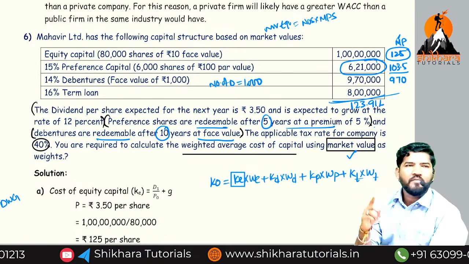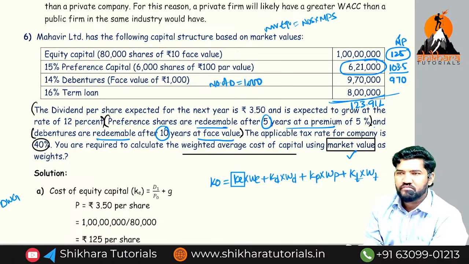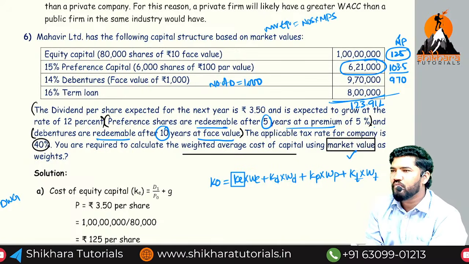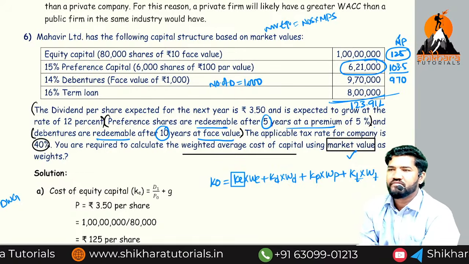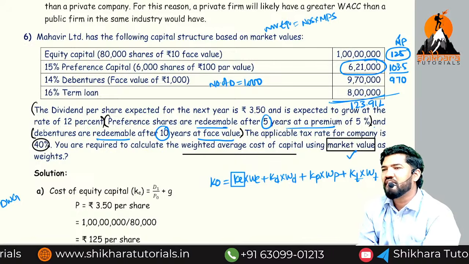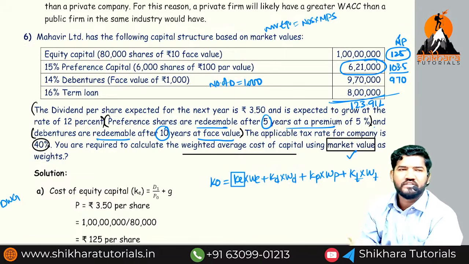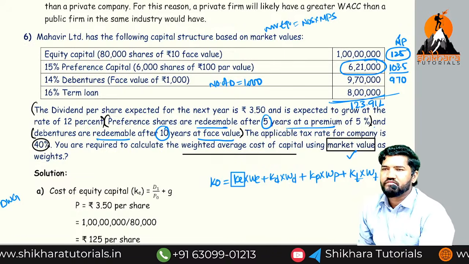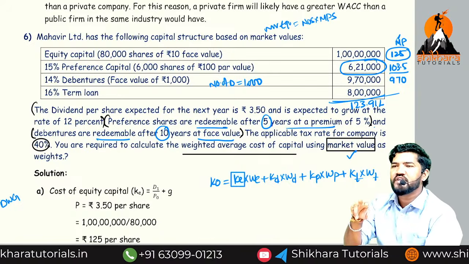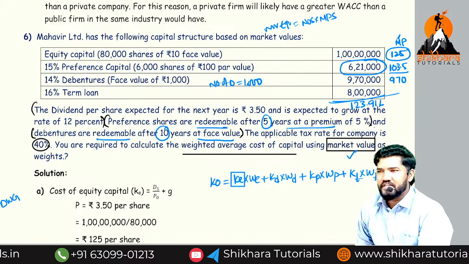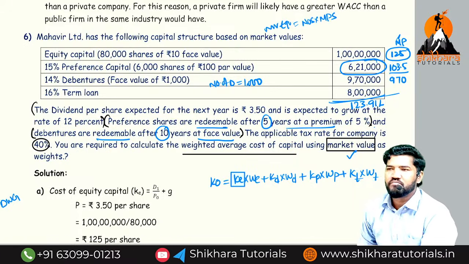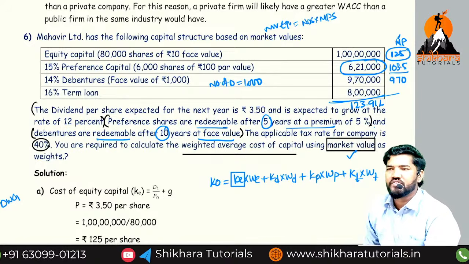You can take one debenture also, not a problem, but that assumption needs to be relevant for understanding purposes. 1,000 is relevant. If you multiply 1,000 and 1,000, you will get a value near 9,70,000. 10 lakh is the book value, but the market value is 9,70,000. They issued at a discount.